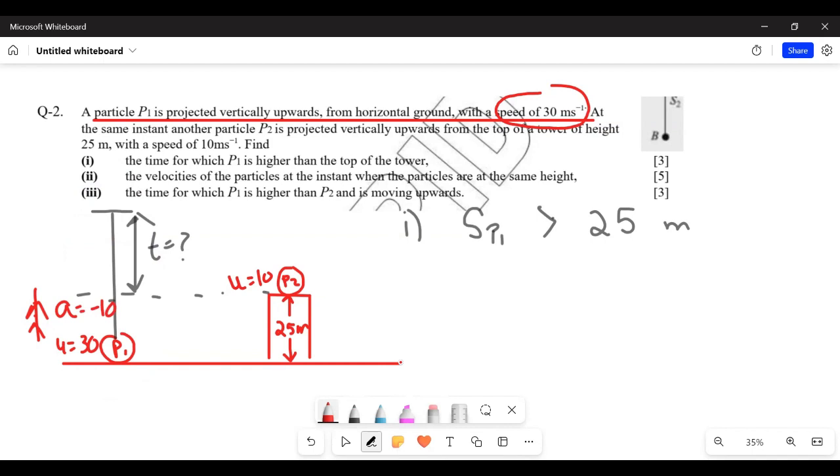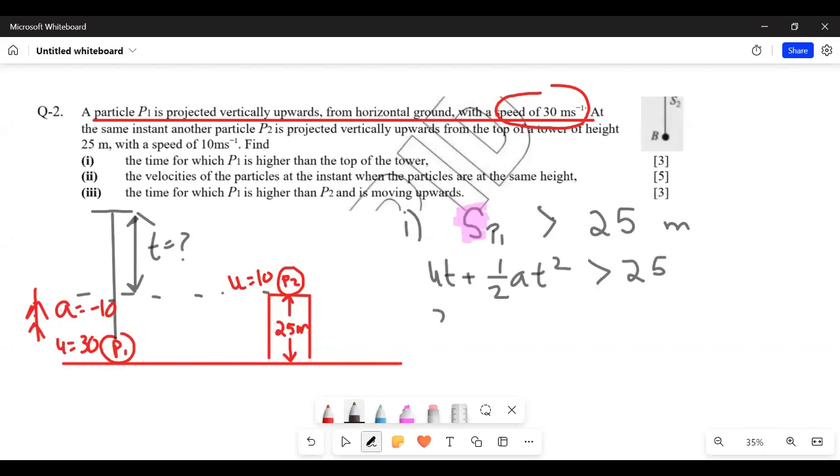Okay, so which formula of equation of motion should I use here so that I get T? This is S. So change S into UT plus half AT square, because we know what U is, we know what A is, and we can find time.